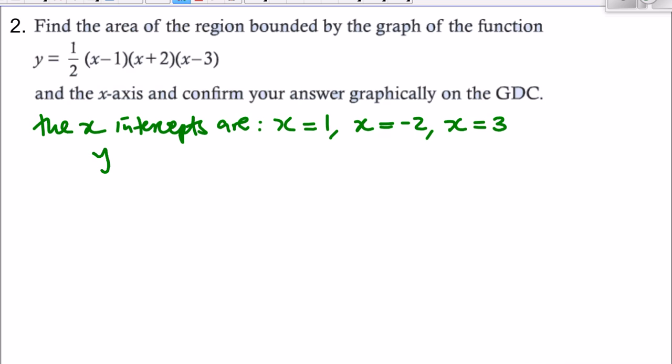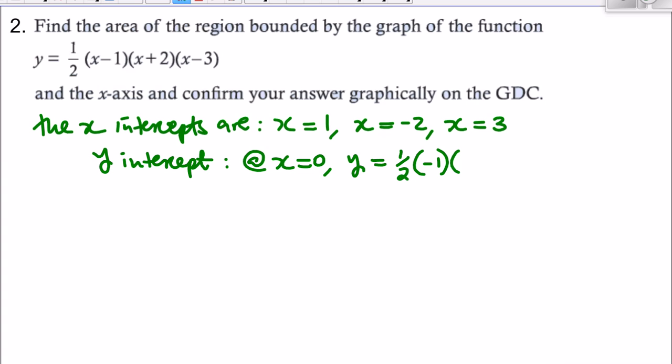So the y-intercept here we can find at x is equal to 0. y will be equal to a half multiplied by negative 1 multiplied by 2 multiplied by negative 3. If you work that out, that should give you 3.